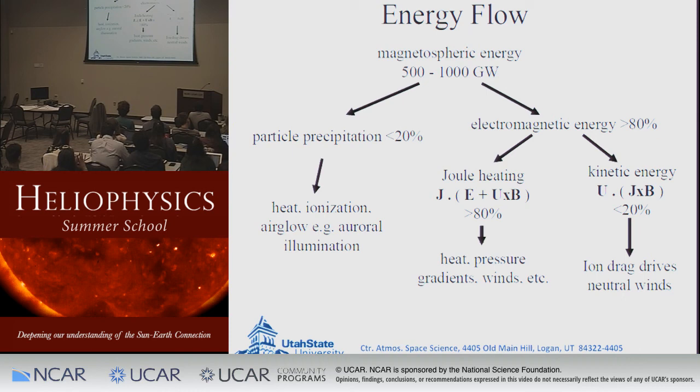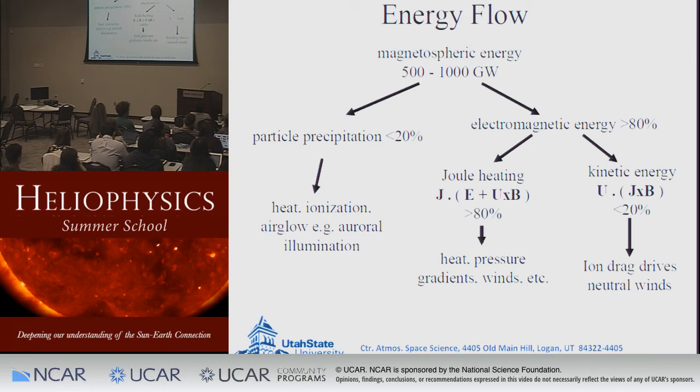Less than 20% goes into the auroral part, and that leads to heating and to the airglow, auroral illumination. Then the other part is what we call electromagnetic energy: the divergence of the Poynting flux as it approaches the upper atmosphere. The part that I've mentioned mostly is the joule heating.